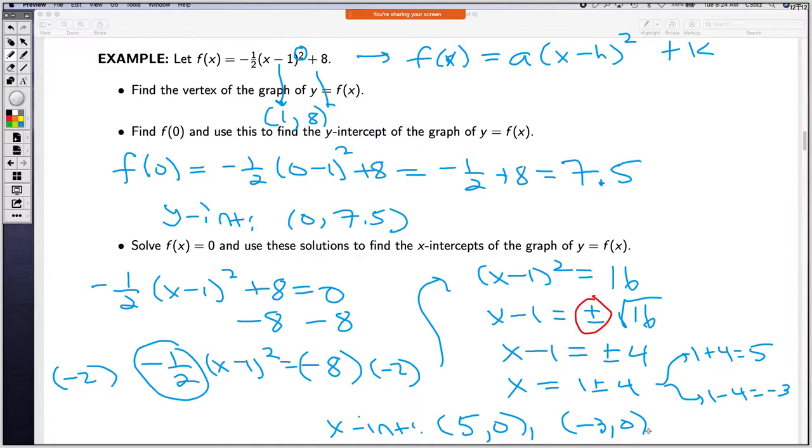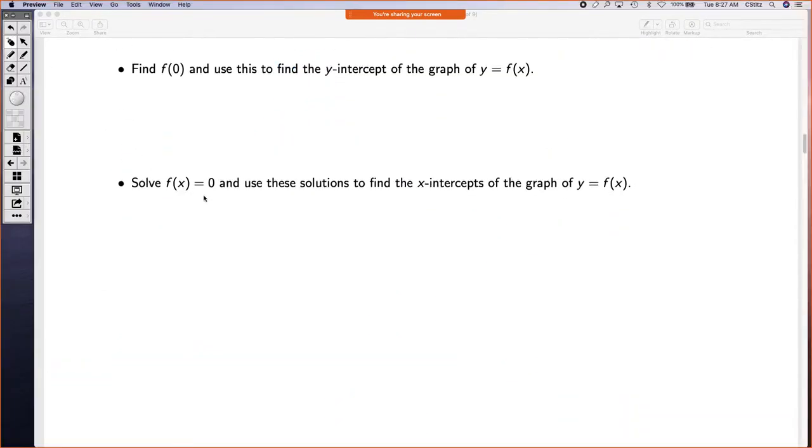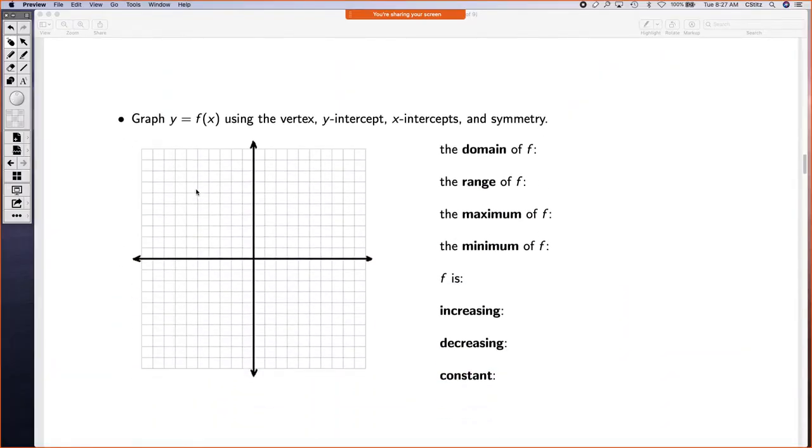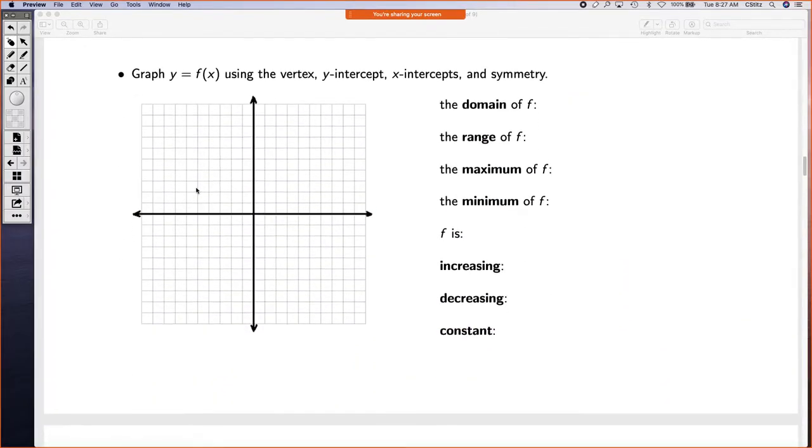Any questions on finding the vertex, y-intercept, or x-intercepts in this case? Okay, so here we are again. Graph the function using the vertex, y-intercept, x-intercepts, and symmetry.